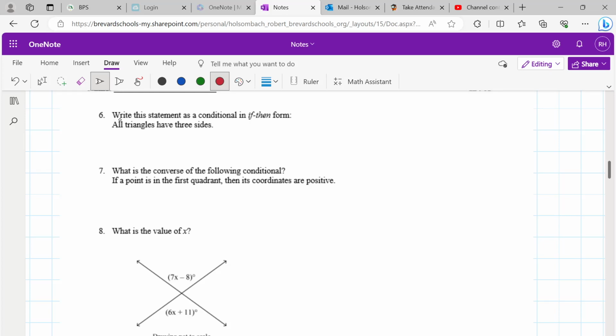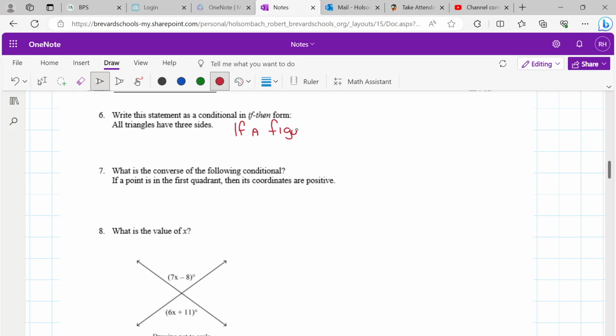Problem number 6. Write this statement as a conditional in if-then form. All triangles have 3 sides. So we're going to say if a polygon, or you could say shape, or you could say figure.